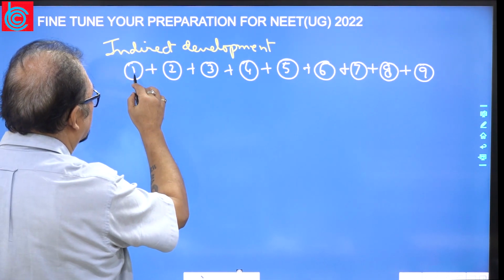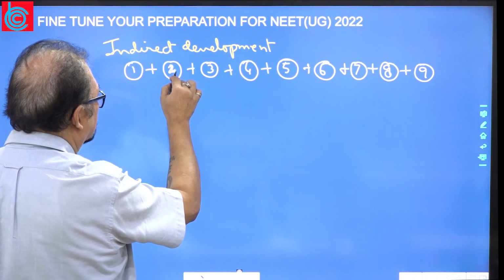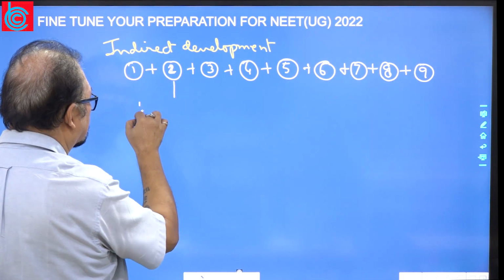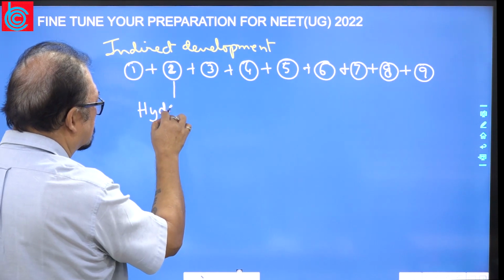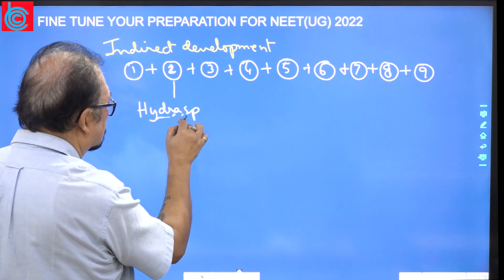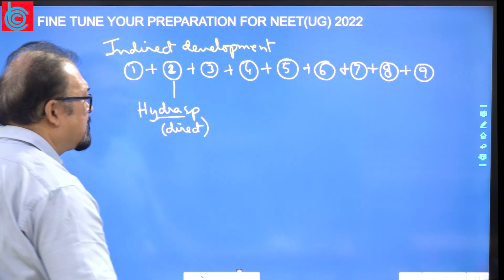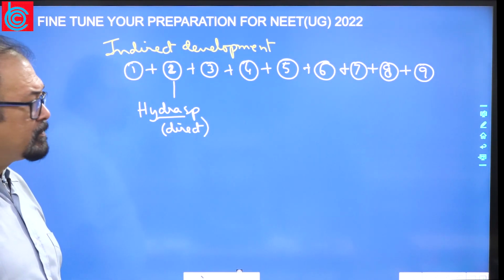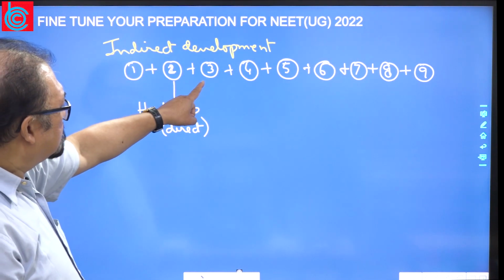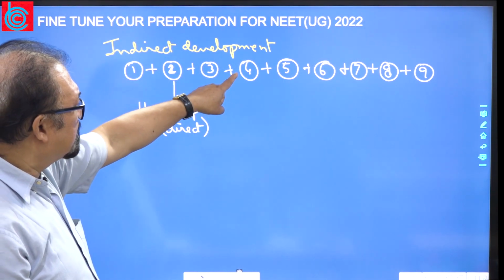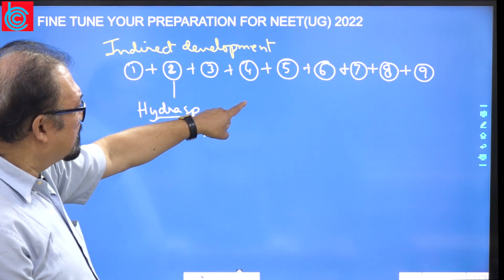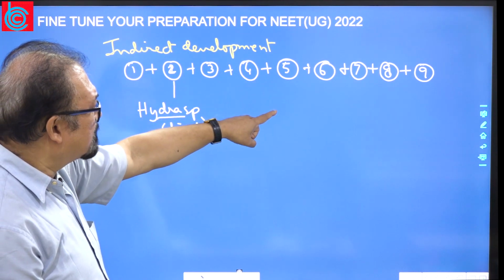Exceptions are there. In Cnidaria, Hydra, direct. That means in Hydra there is no larval form. Ctenophora, larva is there. Platyhelminthes, larva is there. Aschelminthes, larva is there.